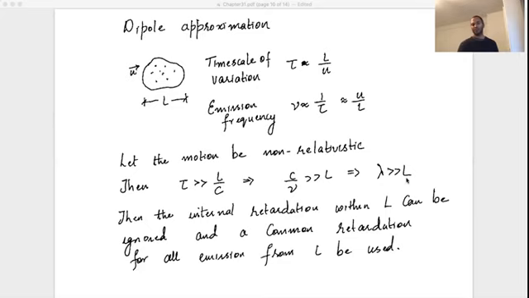When lambda is far, far greater than L, remember, lambda is the length over which the phase goes through one whole cycle. So it varies by about 2 pi radians, right? So that's the definition of lambda. And so what this is saying is that if all these particles are within a small volume, then even though they're independently moving, all of their emission is going to, quote unquote, add in phase.